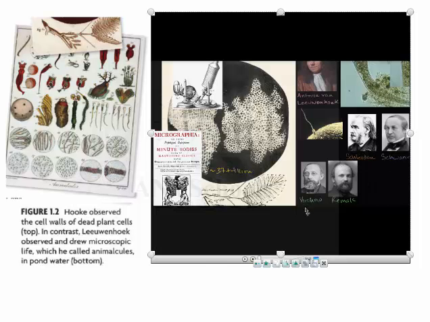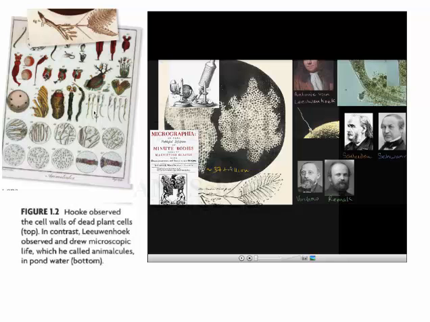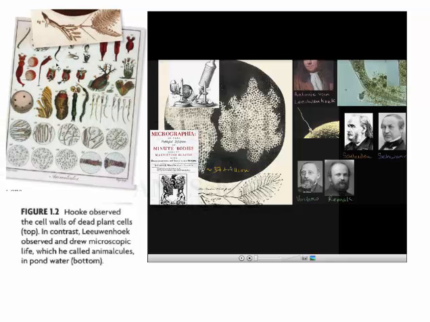Then came Virchow, who made a great discovery, that cells really come from existing cells and not as previously stated by Schwann.